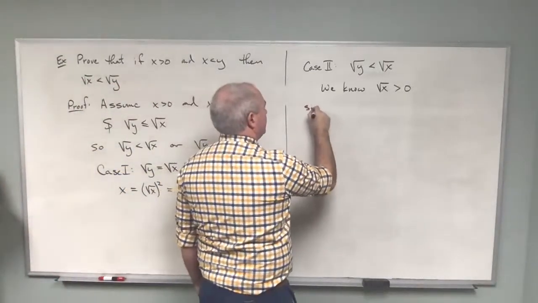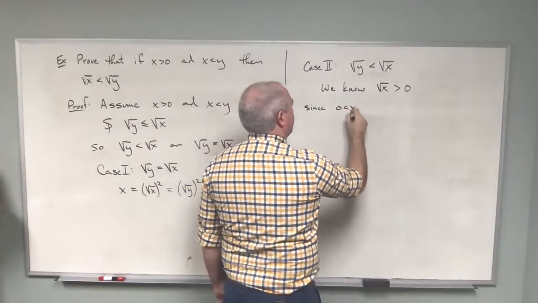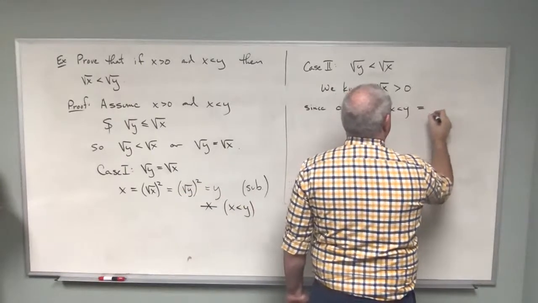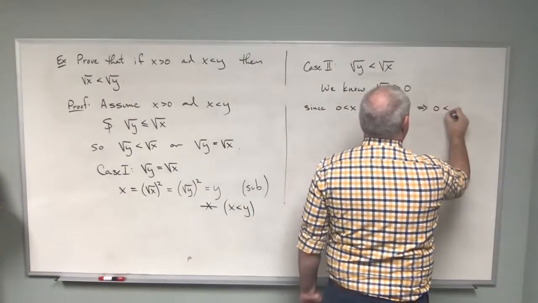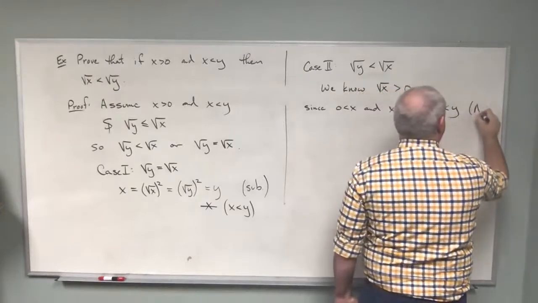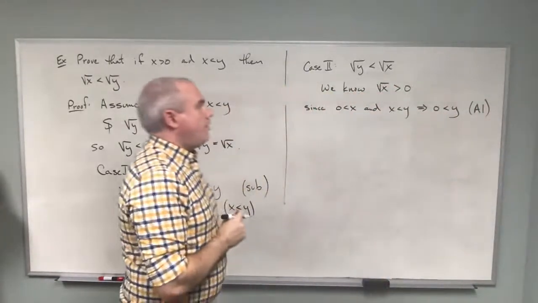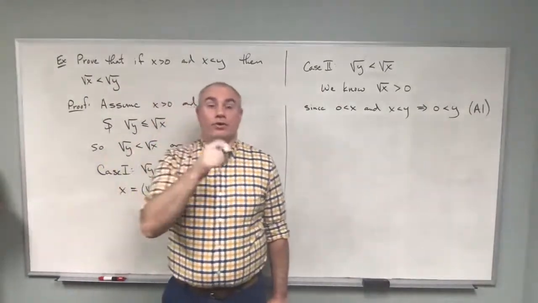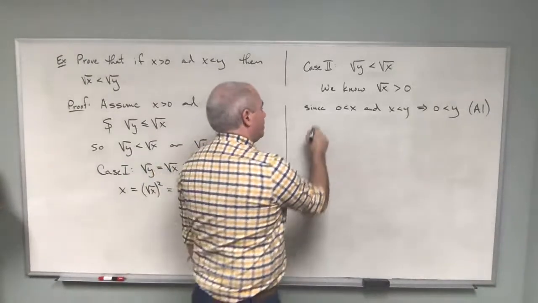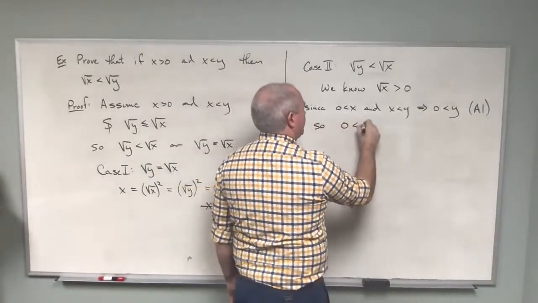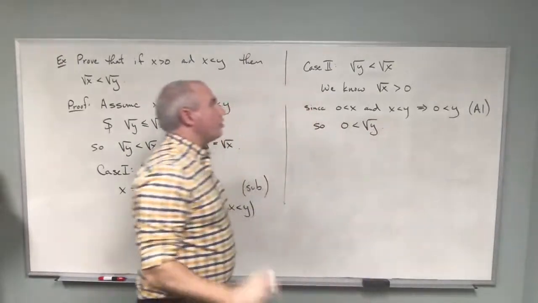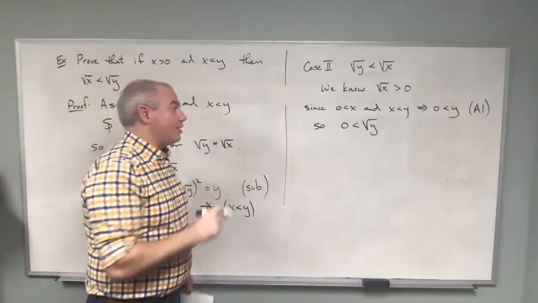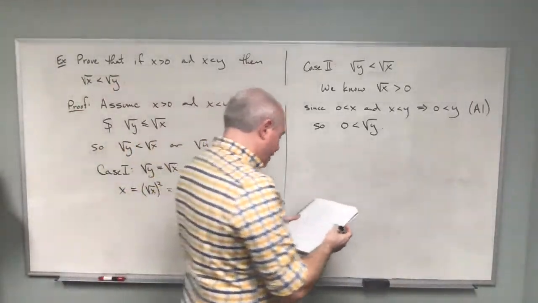So since 0 is less than x and x is less than y, that implies that 0 is less than y by, I believe that's A1. So I know that 0 is less than y, so that means that the square root of y is also bigger than 0. So I have that 0 is less than the square root of y. So I know that this square root of x is bigger than 0 and the square root of y is bigger than 0. Okay, so now I want to use that knowledge.